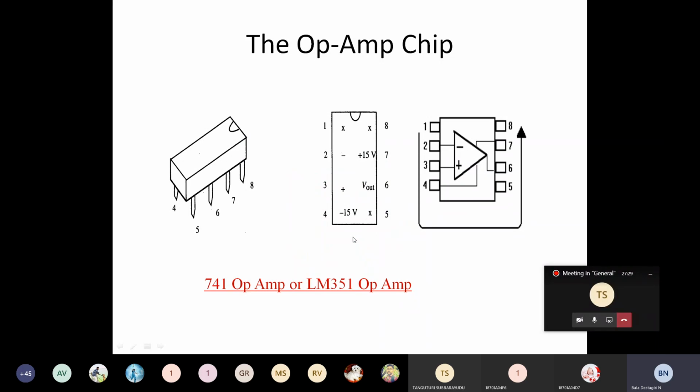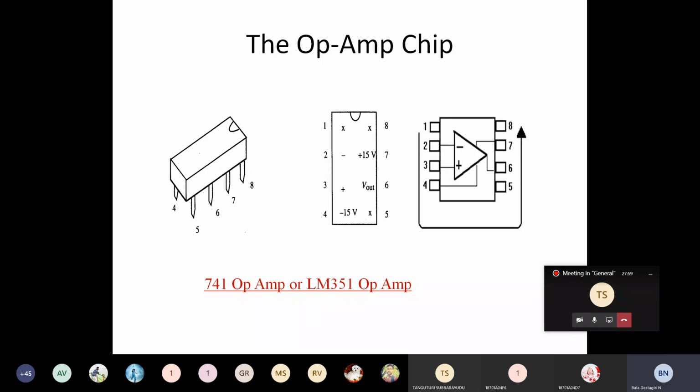This is the 741 op amp, which we will be discussing in our subject, and we are going to do the lab experiments using only this IC 741 op amp. If you see this IC 741 op amp, it consists of 8 terminals; it is an 8-terminal dual inline package.